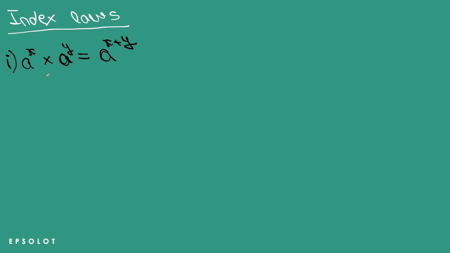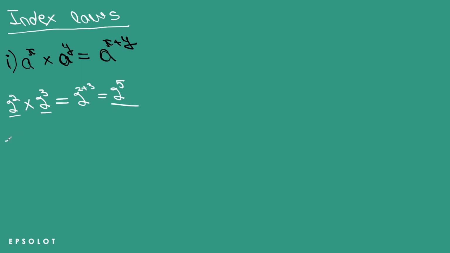This is a very basic rule, and one where a lot of people make mistakes. So let's take an example. Let's say 2 to the power of 2 multiplied by 2 to the power of 3. Since the base is the same, I can rewrite it as 2 to the power of 2 plus 3, which is 2 to the power of 5.